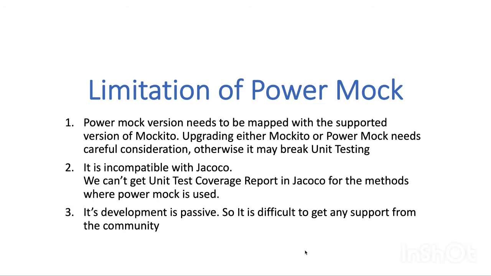But the major limitation is that PowerMock has a mapping with a particular version of Mockito. That means we cannot upgrade either Mockito or PowerMock seamlessly. We need to properly take care of the versions while upgrading any of these libraries. Otherwise, it will break the unit tests.